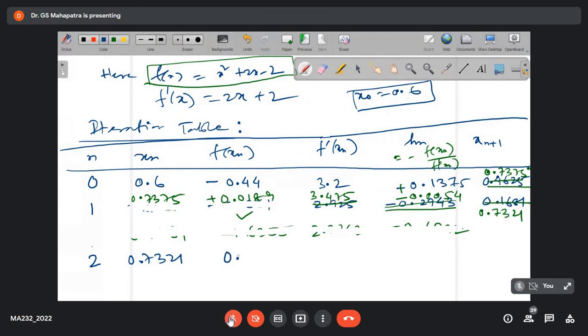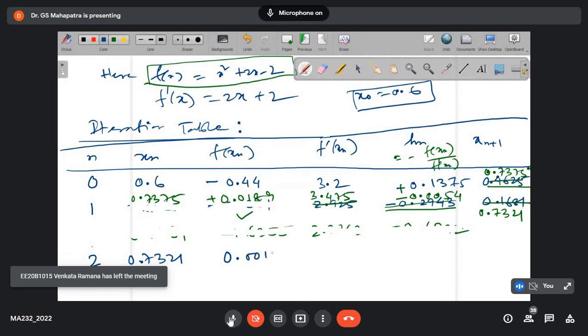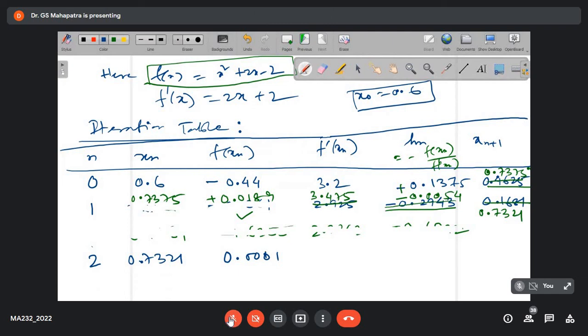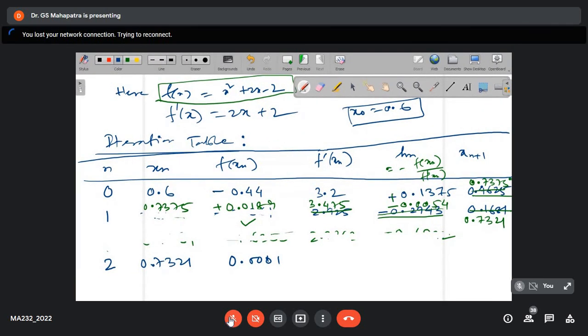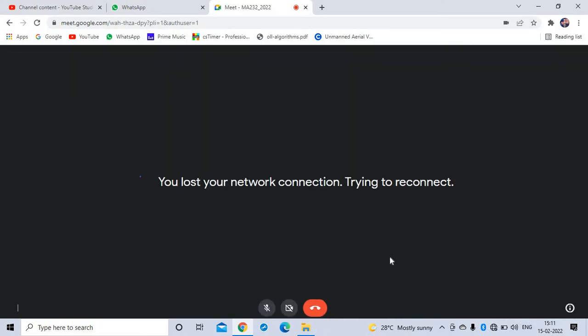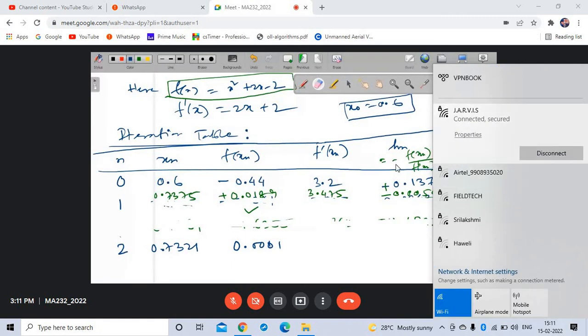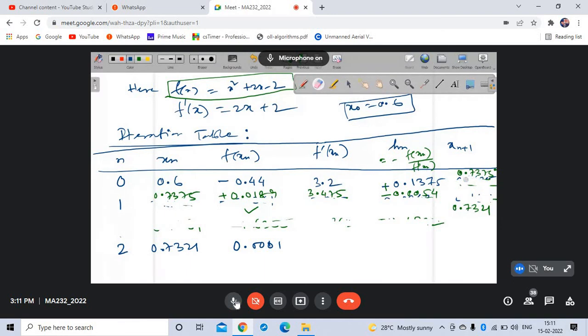One minute. 0.00. Oh, okay. That entry is there, entry book. f dash, 3.4642.